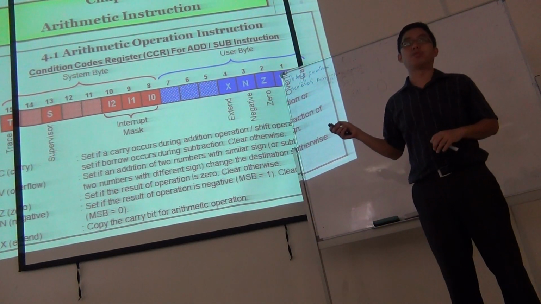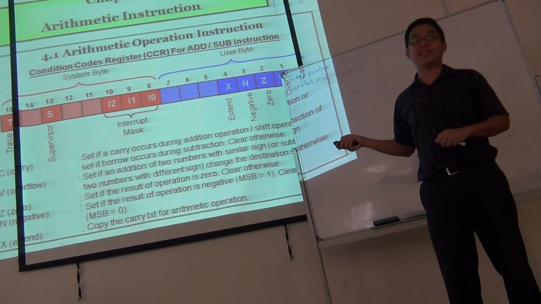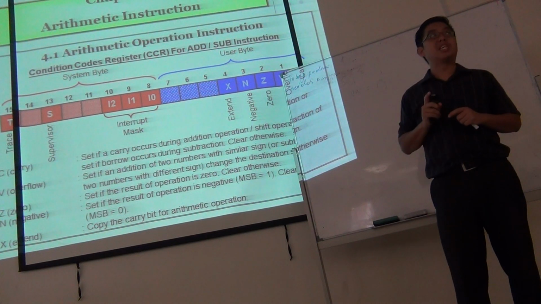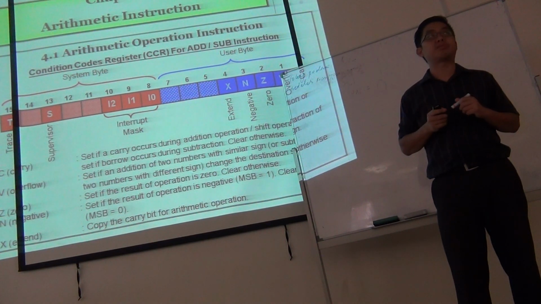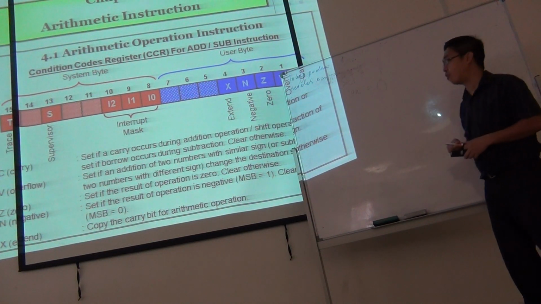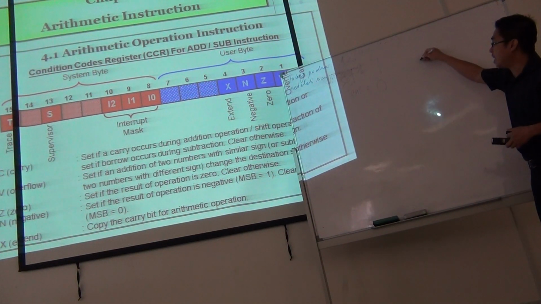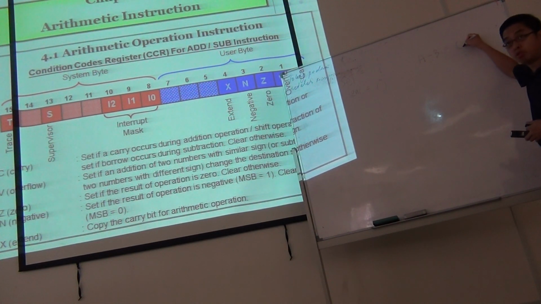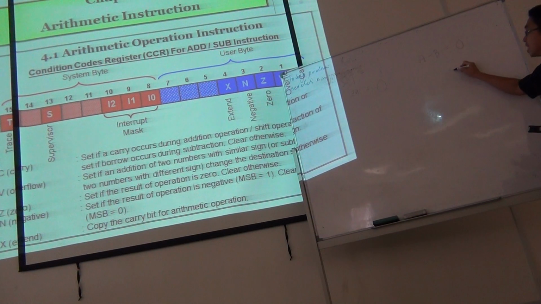Z is for zero. Z will be set to 1 if the result of the subtraction is equivalent to 0. For example, A minus B is equivalent to 0, so your status register Z will be equal to 1.